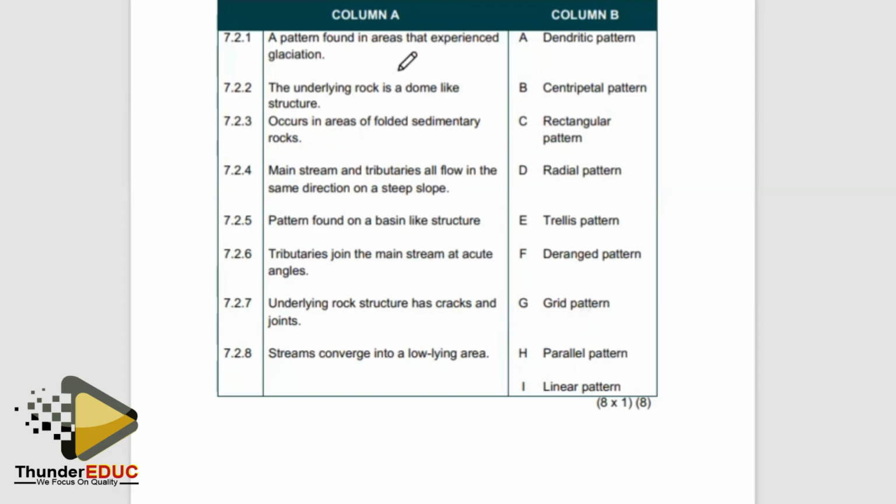Right. For example, if you can figure out here, it says it occurs in areas of folded sedimentary. You know now that the geology of the area is folded. What kind of pattern is going to develop when we have folds? Or a pattern found on a basin-like structure. Given that now you know what a basin is, it will also make it easier for you to figure out the nature of the pattern that is going to develop.